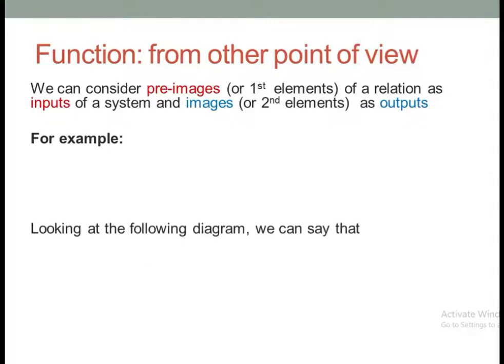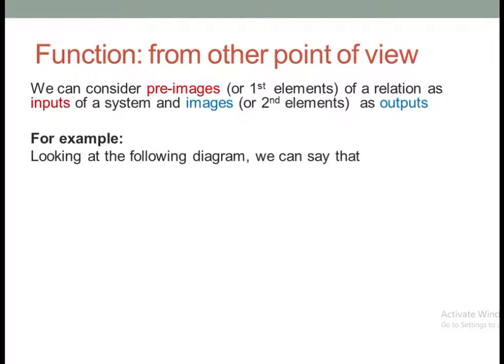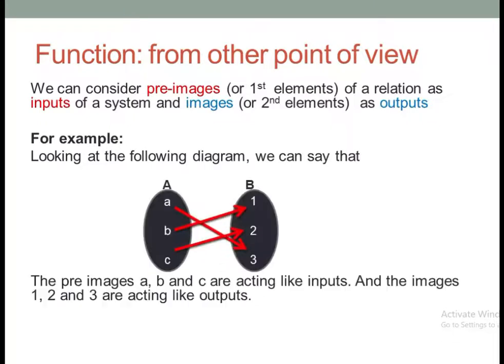For example, looking at the following diagram, we can say that the inputs are A, B and C and the outputs are 1, 2, 3. When we use an input A, we get an output 3. When we use an input B, we get an output 1. When we use an input C, we get an output 2.